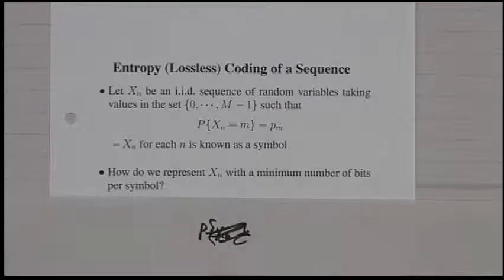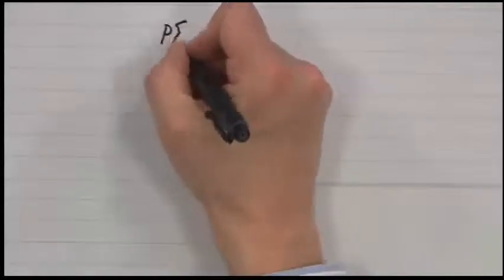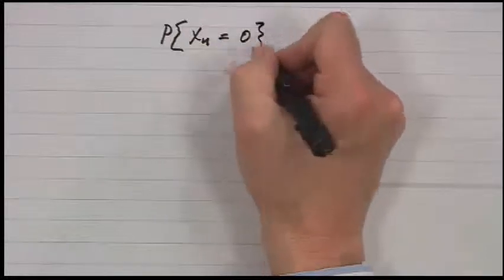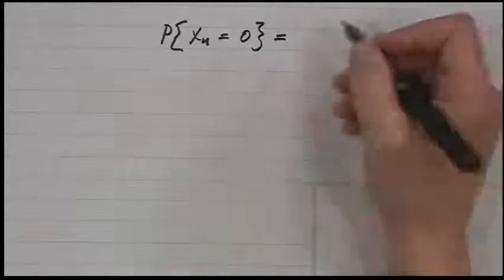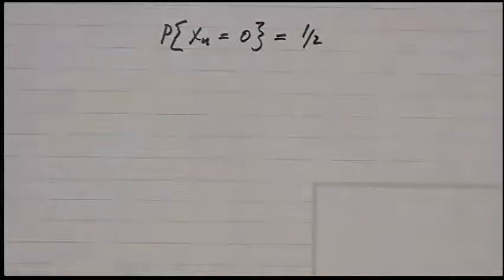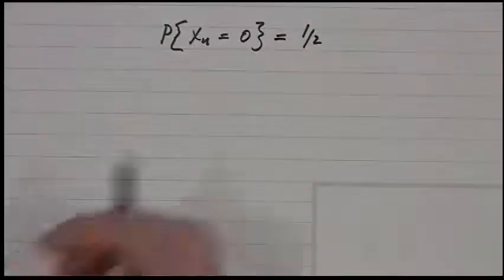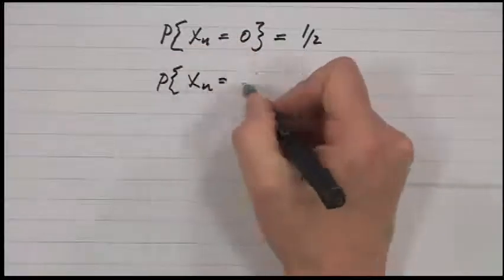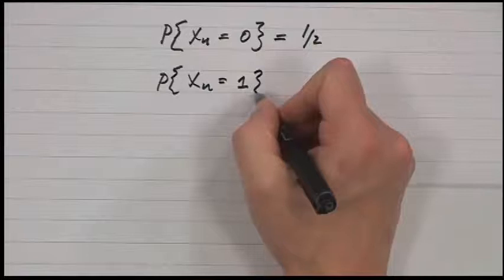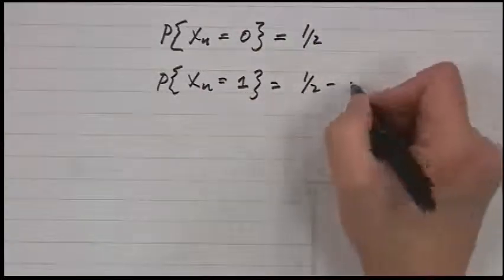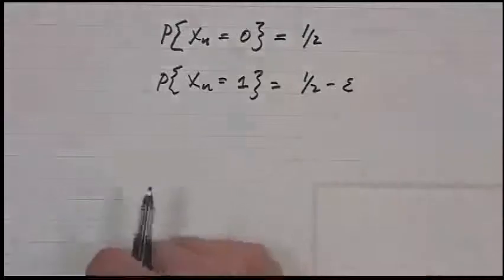Okay, hold on. Let me give you an example. Let's say that the probability that xn equals 0 is equal to some reasonably large number, let's say 1/2. So it's often equal to that, and the probability that xn is equal to 1 is equal to 1/2 minus epsilon, where epsilon is some very small number.